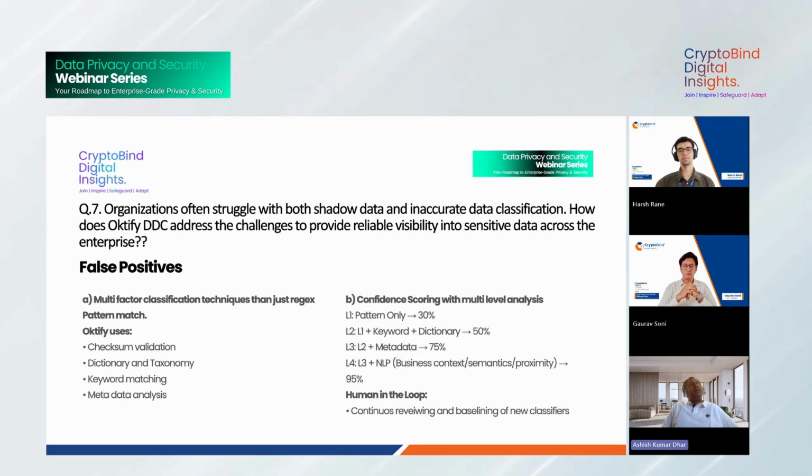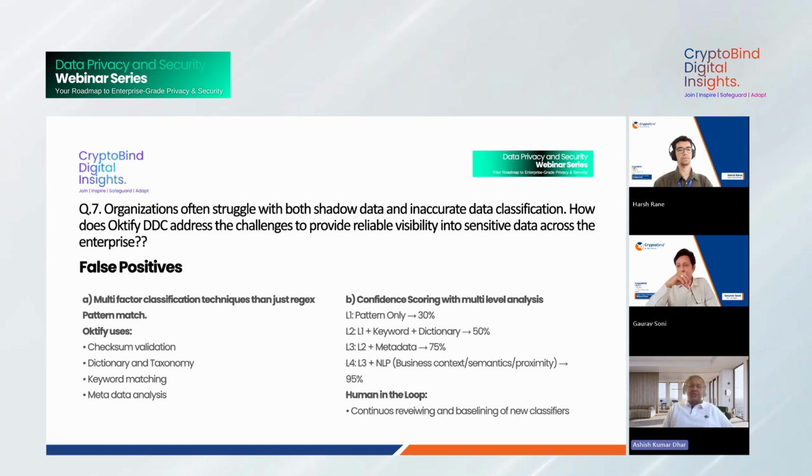When our scanning tool encounters the data, it has to do a multi-factor analysis. It is not just based on pattern matching through a regex; we use a combination of different techniques.